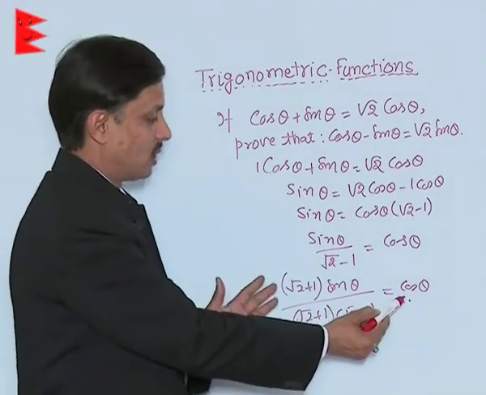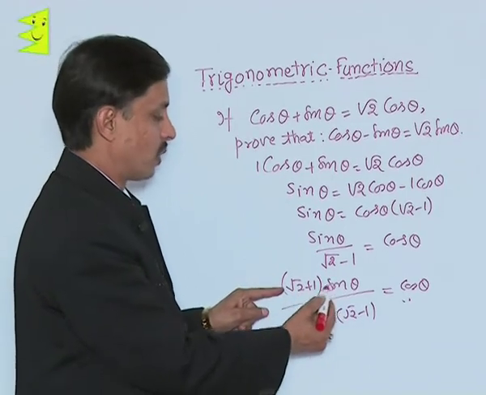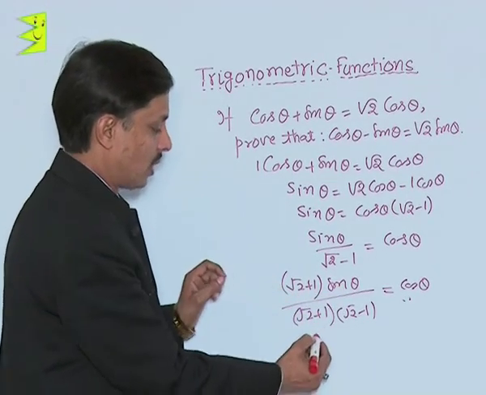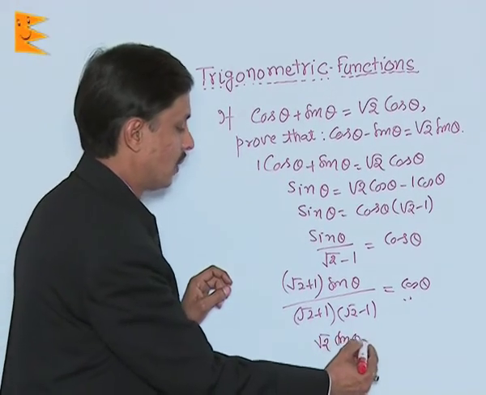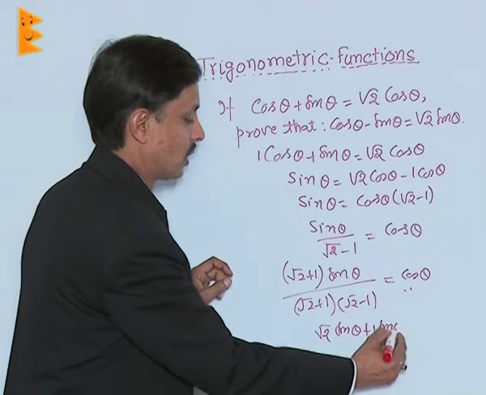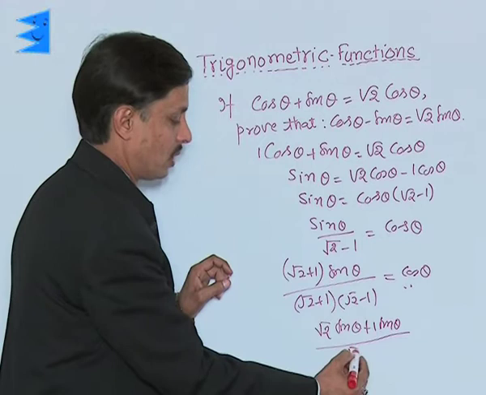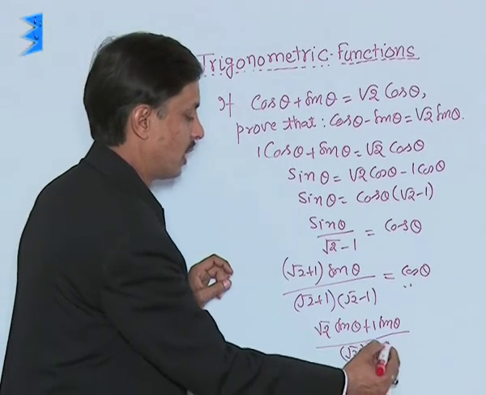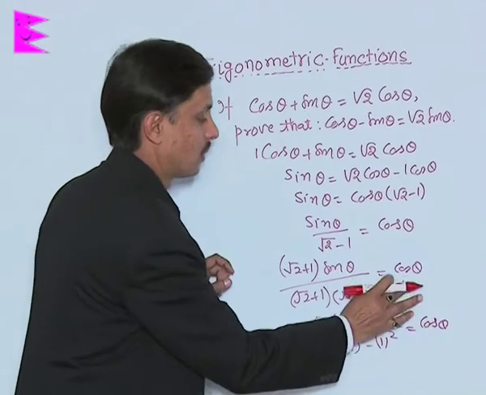Now we can see after rationalization, this part root 2 plus 1 when multiplied by sin theta will give us root 2 times sin theta plus 1 time sin theta, upon root 2 plus 1 into root 2 minus 1, which becomes root 2 whole square minus 1 whole square, is equal to cos theta.